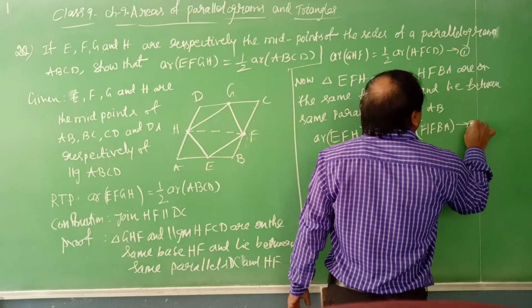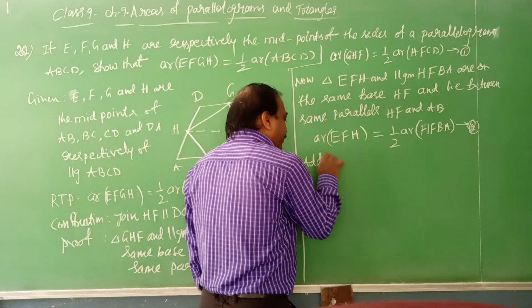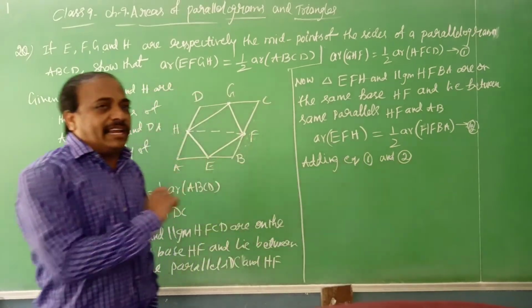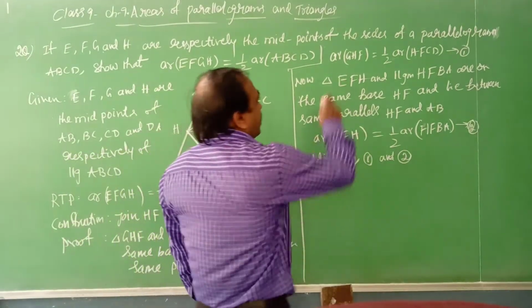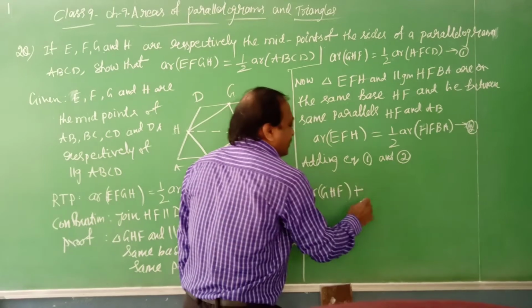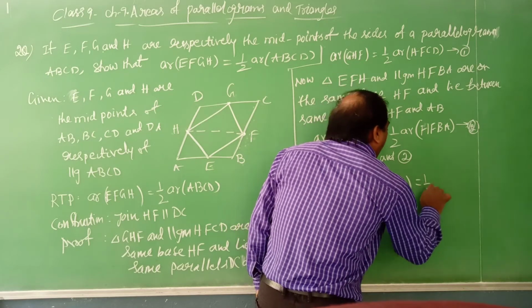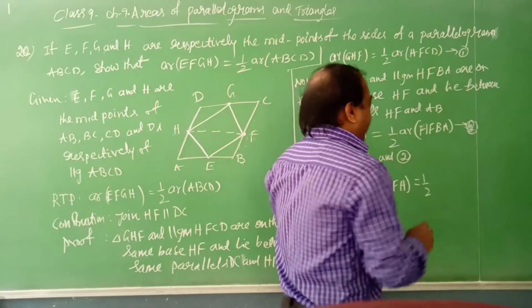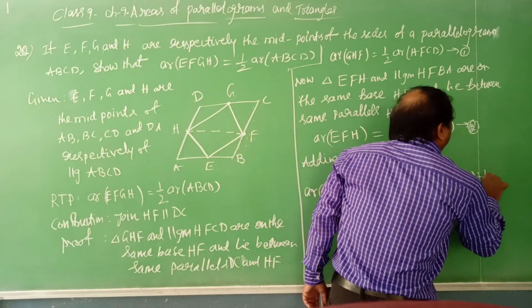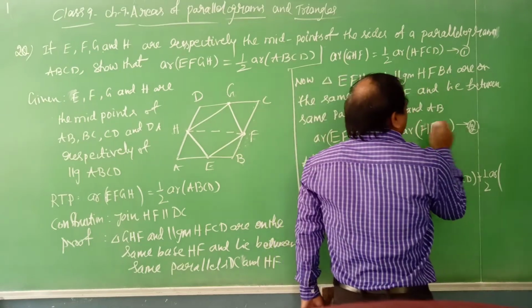This is equation 2. By adding equations 1 and 2, when we add equations, LHS to LHS and RHS to RHS, we get area of GHF plus area of EFH is equal to half of area of HFCD plus half of area of HFBA.